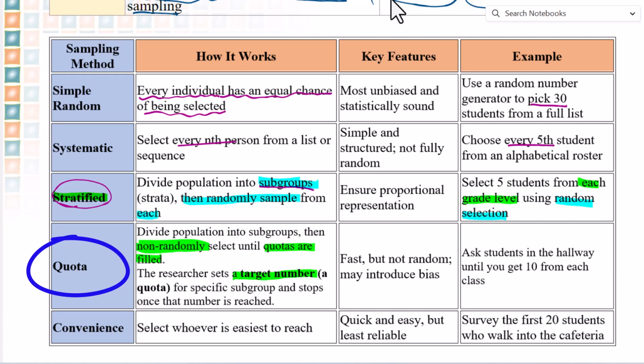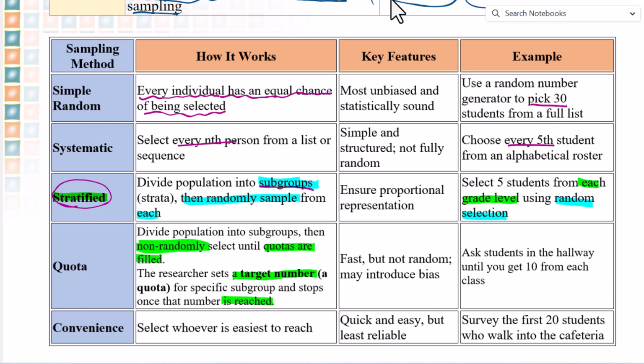Then select samples from certain subgroups until the target number is reached. Remember, it's not randomly selecting the samples from subgroups.